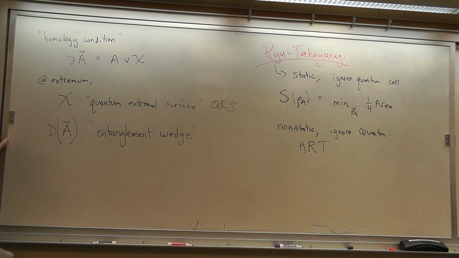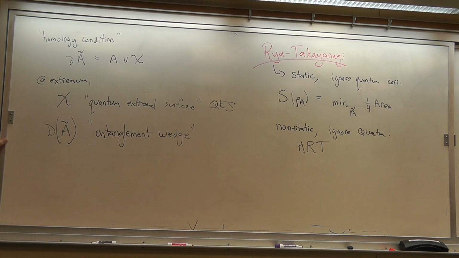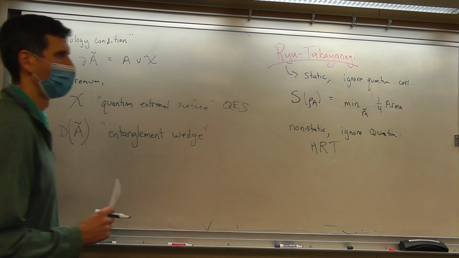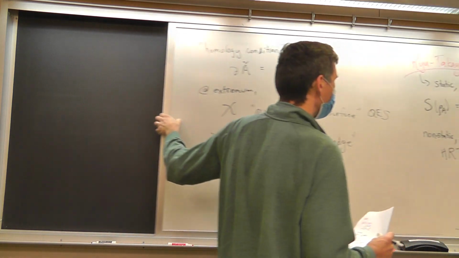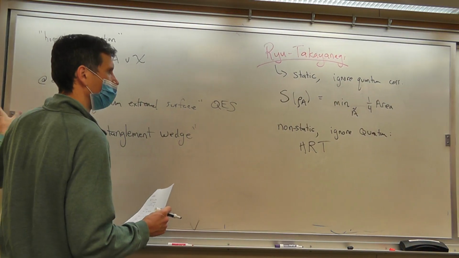Okay, that's the formula. Are there any questions about the statement of the formula? Now I'm going to go through some examples. Let's keep the formula up, and I'll erase this one.